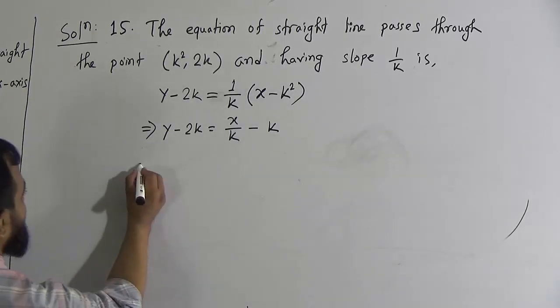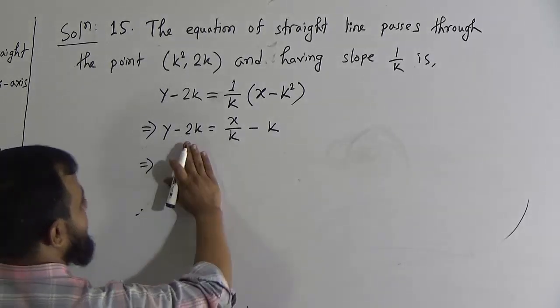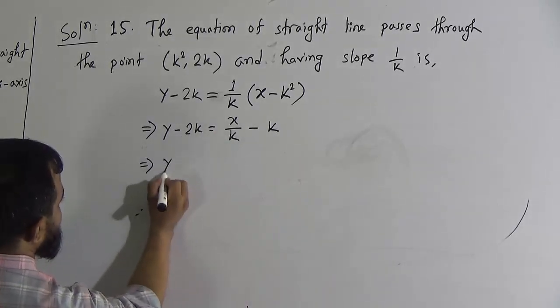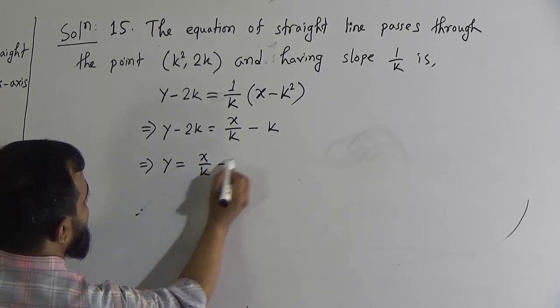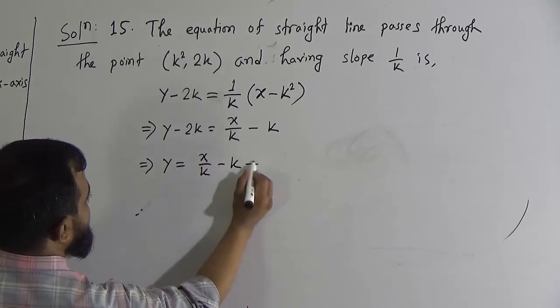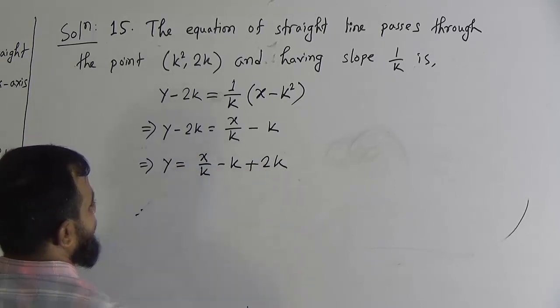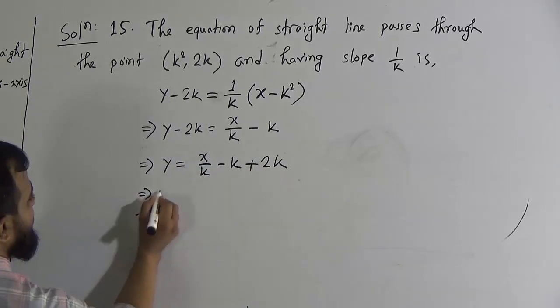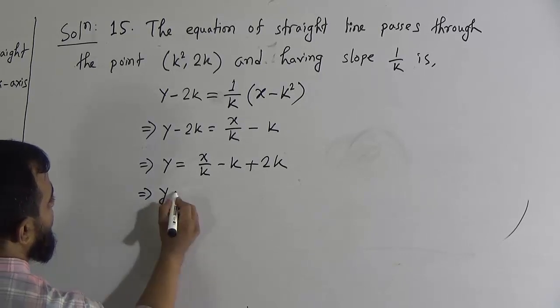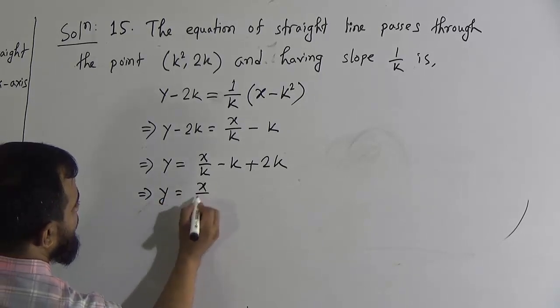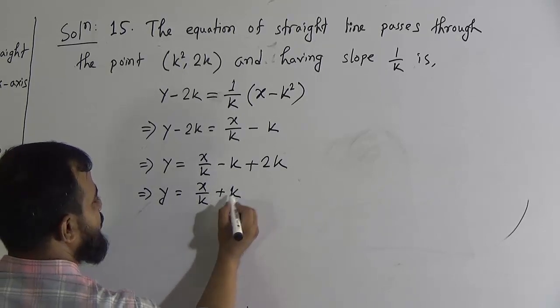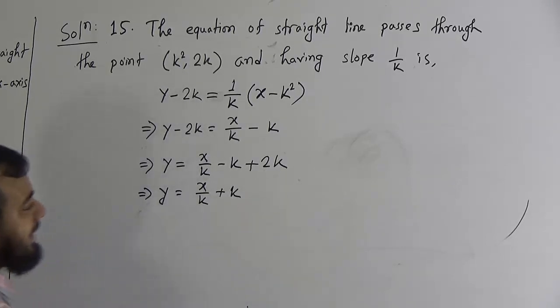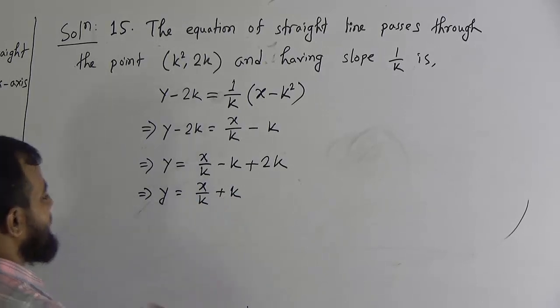Now my dear students, we need to transfer this minus twice k into the right side. If we transfer this one, we will have y equal to x over k minus k, and this twice k will take a plus sign because we are transferring it. The equation will be y equal to x over k plus k, because from twice k we need to subtract 1k, that's why we have plus k.